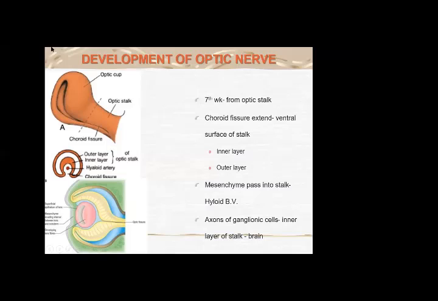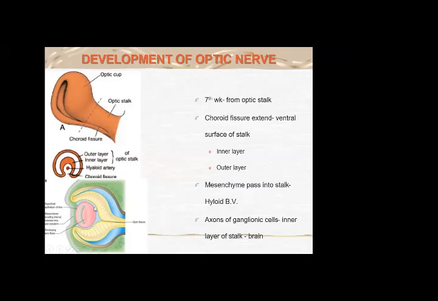Now, this is the inner layer of the optic cup, this layer. The innermost layer, I told you, was the ganglion cell layer. And the axons of this ganglion cell layer develop into optic nerve fibers. So this is the area where you have the ganglion cell layer.